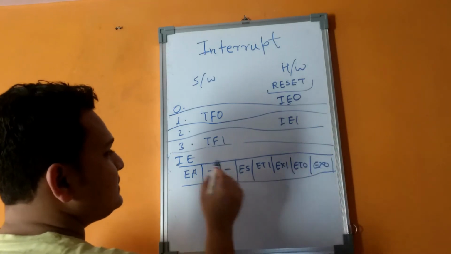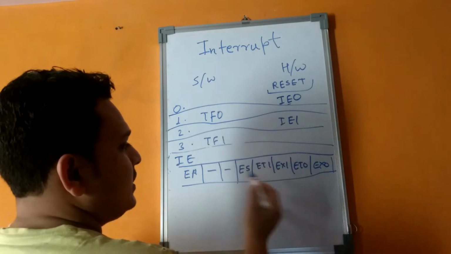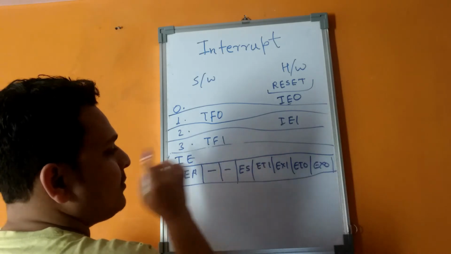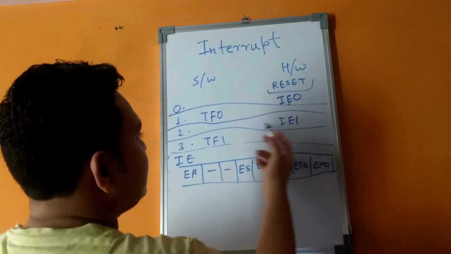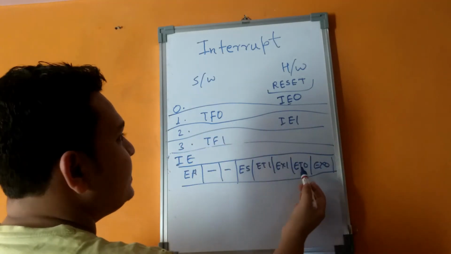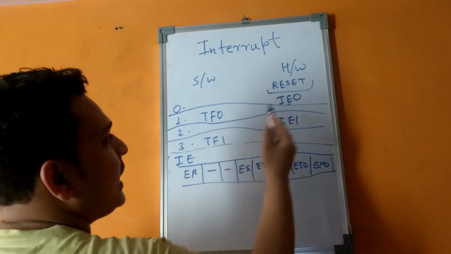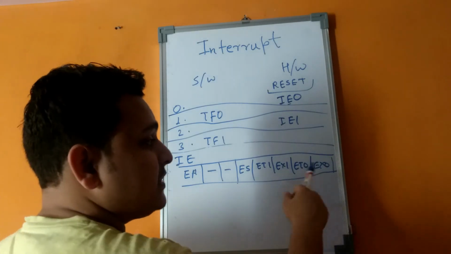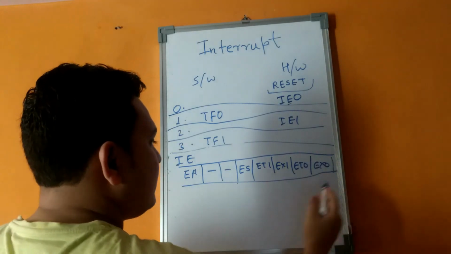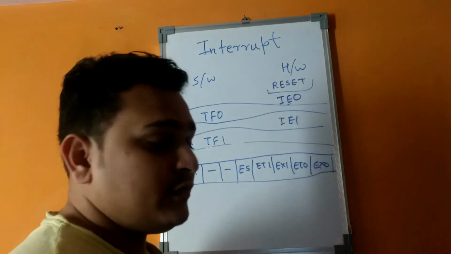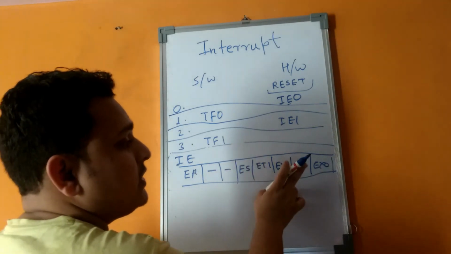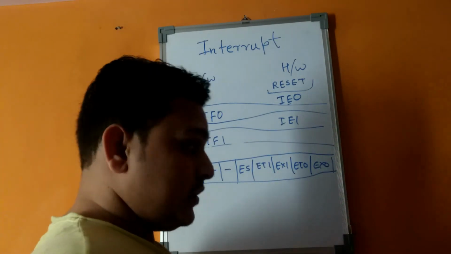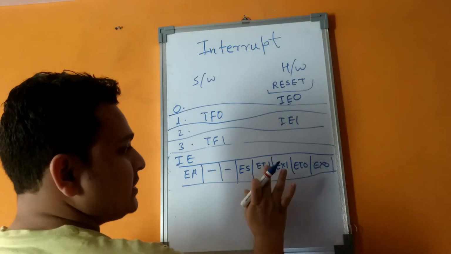So ES stands for the serial, ET1 is for timer 1, EX1 is for external interrupt 1, ET0 for the timer 0 interrupt, and EX0 is for the external interrupt 0. So this is the order of the IE register. You can remember this order, or you can just remember these names.